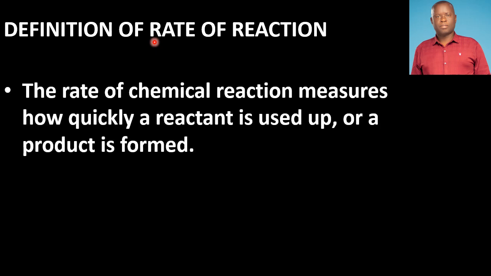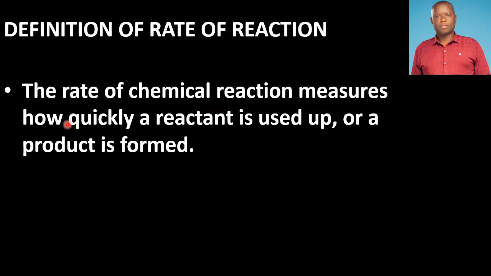In chemistry, we define the rate of a chemical reaction in terms of a measure of how quickly a reactant is used up or how a product is formed. So what does the rate of a chemical reaction measure?